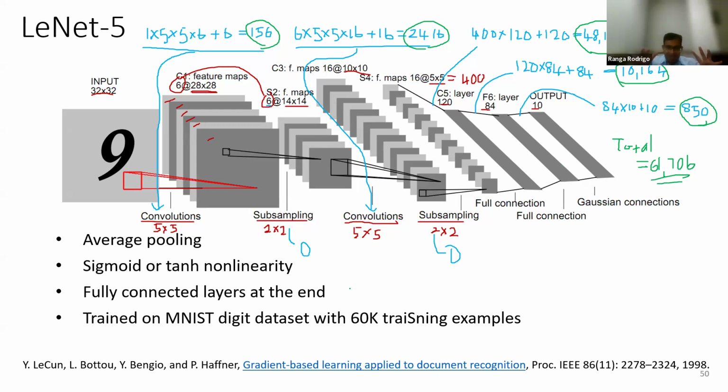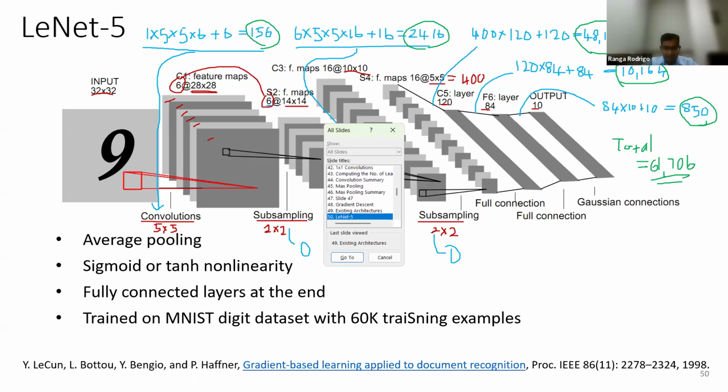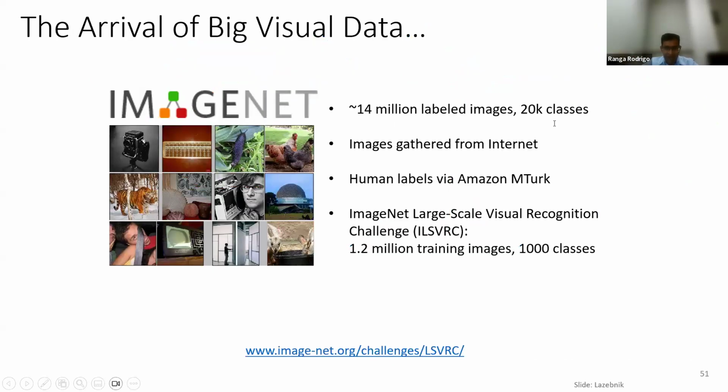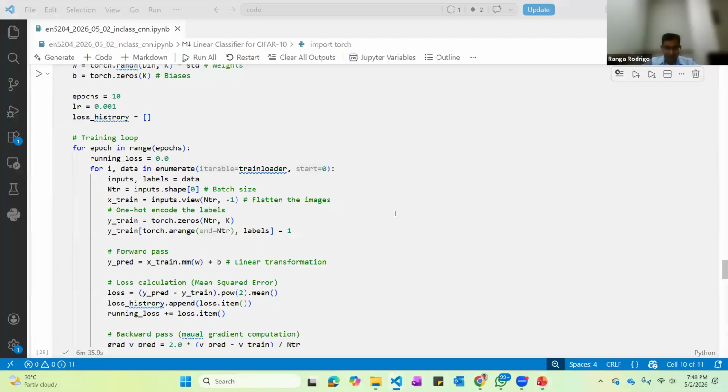Okay, so this is MNIST, and you can see it has two convolution layers and two max poolings, and then fully connected layers. So we can write that. I will start writing that, and then we can take a break after that.